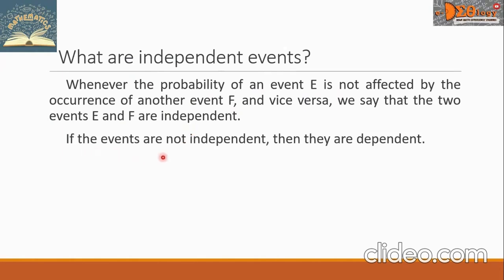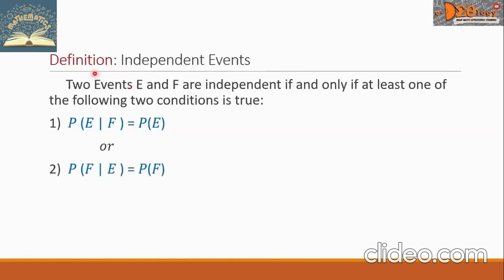If the events are not independent, then they are dependent. This is the formal definition of independent events.